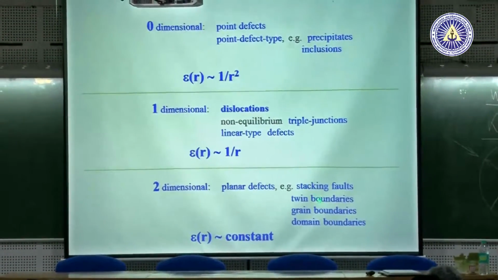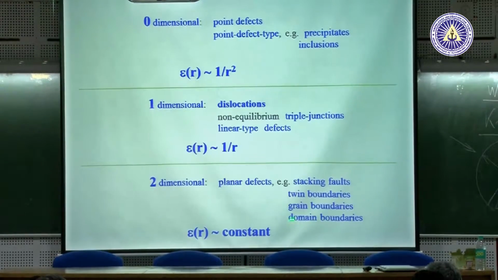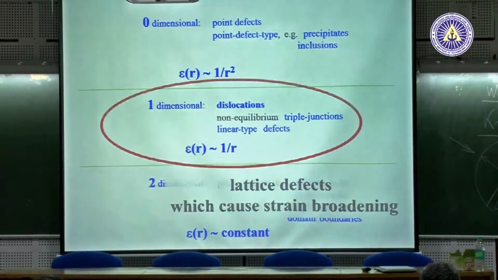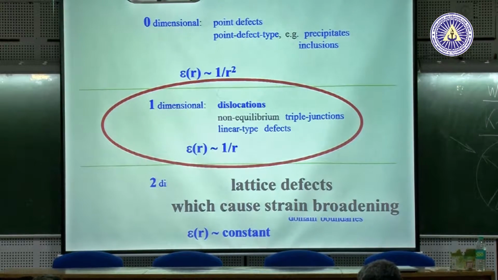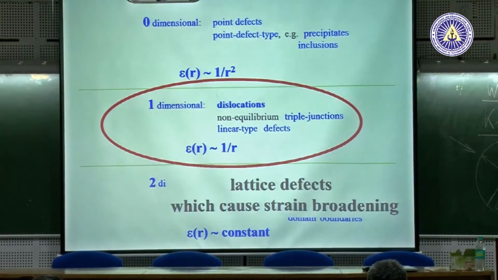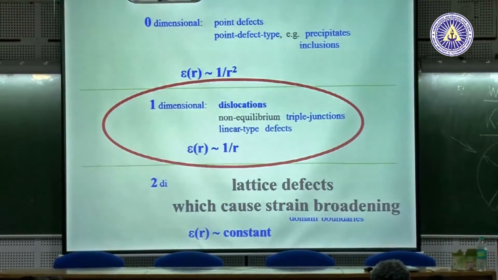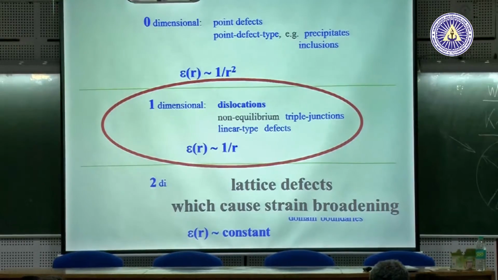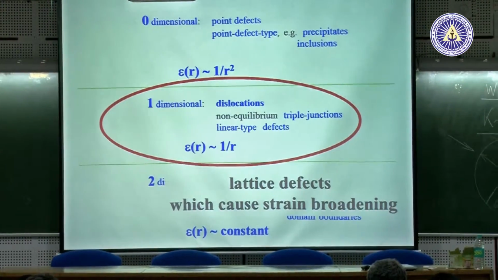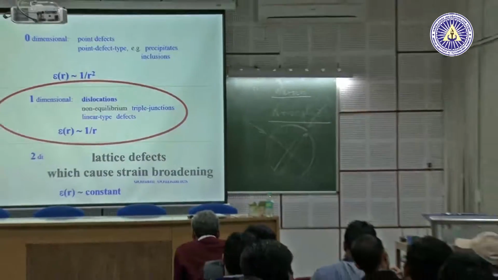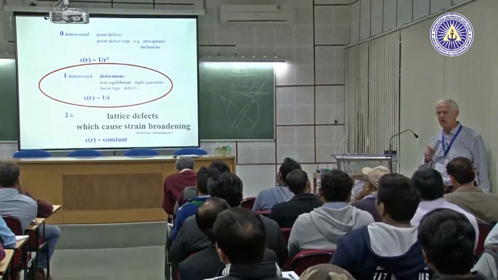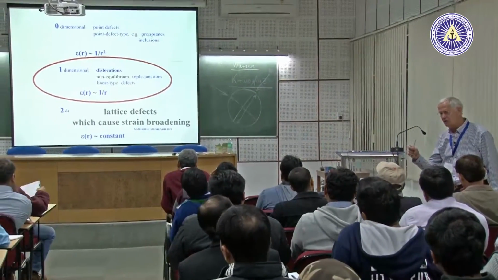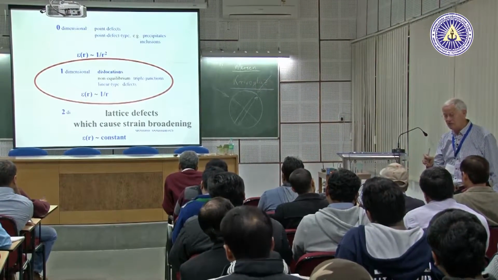2-dimensional, these are the planar defects, stacking faults, twin boundaries, grain boundaries, domain boundaries. Strain is constant. I encircled this because when you see line broadening, then the non-size type effect must come from a linear defect, from a 1-dimensional linear defect, whatever it is. It can be a sinter stress.